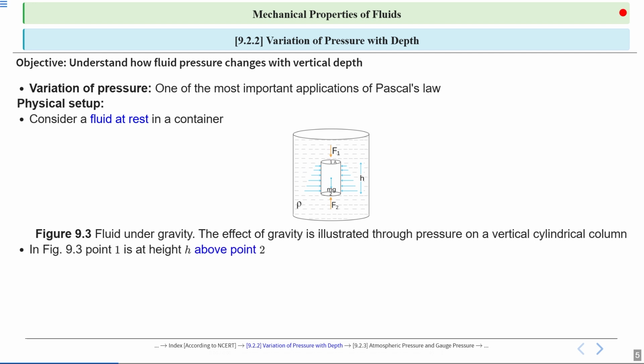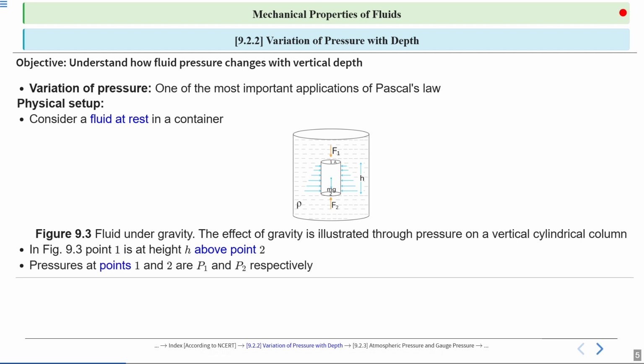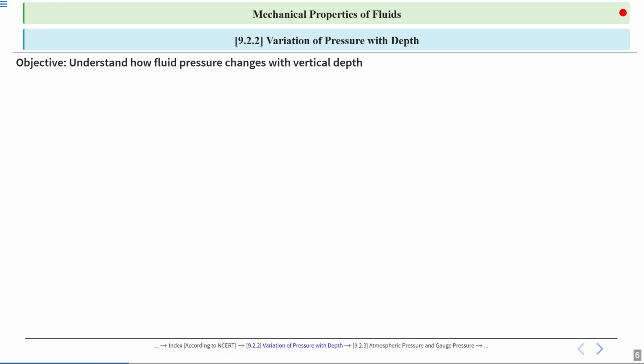So in the figure 9.3, point 1 is located at a height h above point 2 and pressures at point 1 and 2 are P1 and P2 respectively. Now, let's see the mathematical derivation.